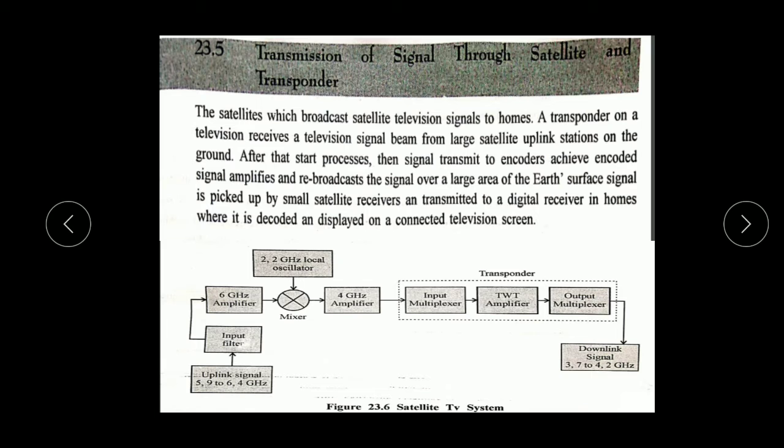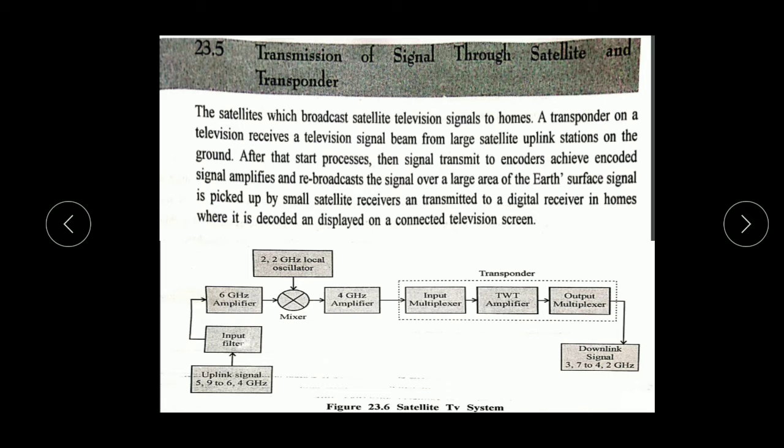The broadcast center collects all the programs from the channels and combines them into a signal to send to the satellite, especially a geostationary satellite. For television we use a geostationary satellite system.